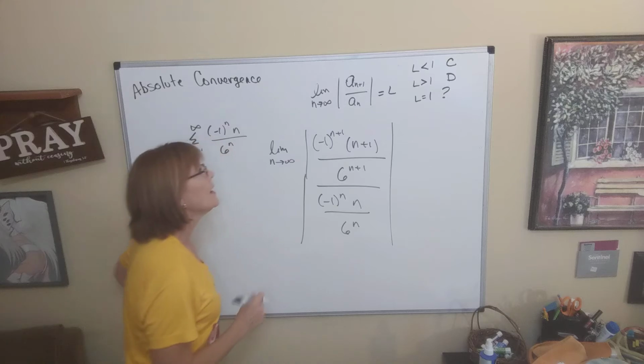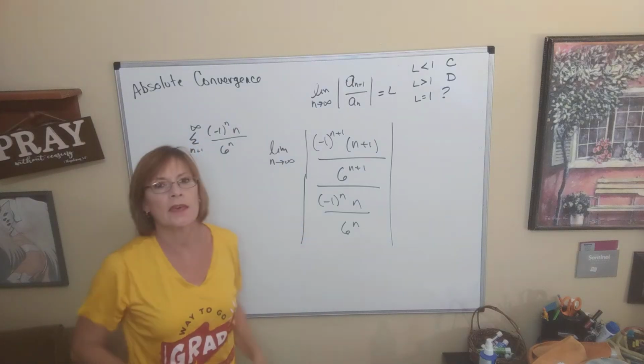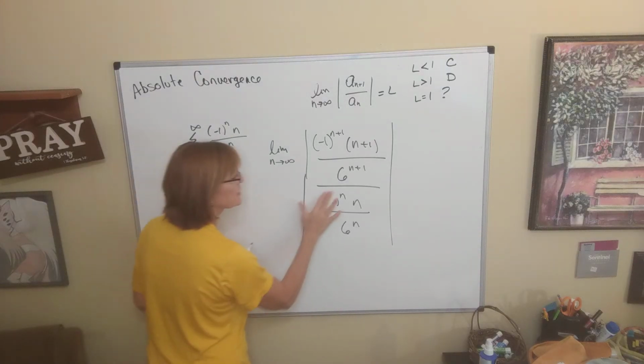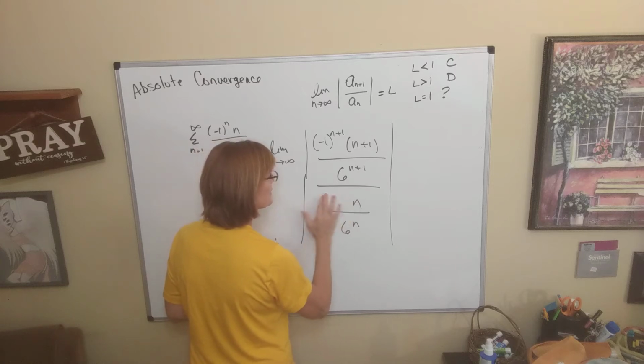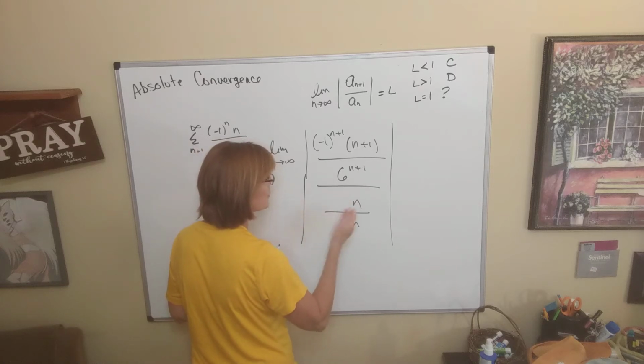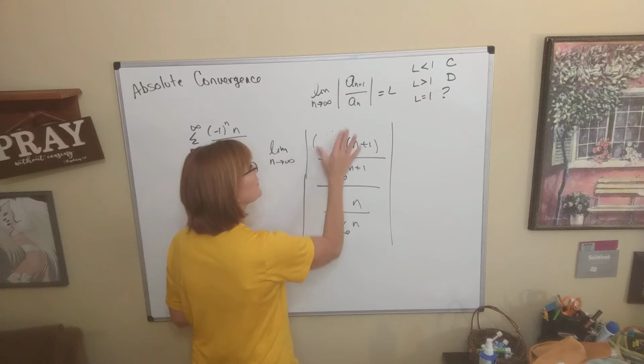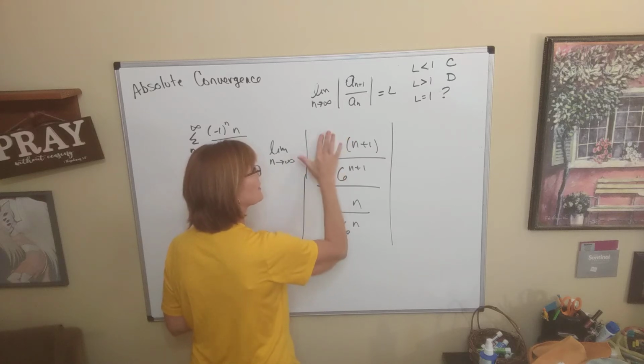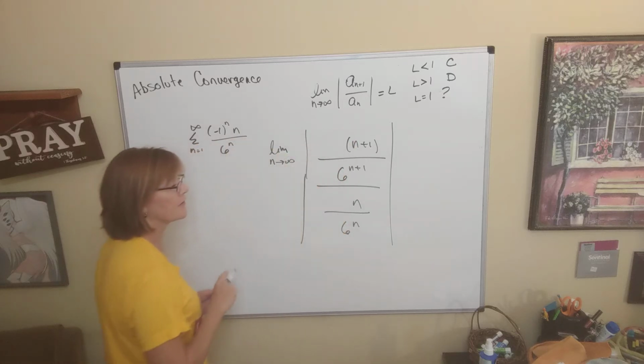Now, when we take the absolute value of that, what that effectively does is get rid of the plus or minus. It's just 1 times something, not changing the value, only whether it's positive or negative. So that's what the absolute value effectively does.